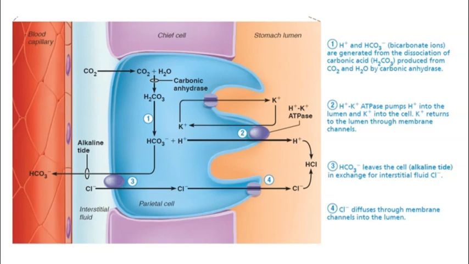It's in the stomach lumen that this chloride ion then combines with hydrogen ions in order to form hydrochloric acid. So that initial exchange of bicarbonate for chloride ensures that a balance of electrical charges is kept within the interstitial fluid.